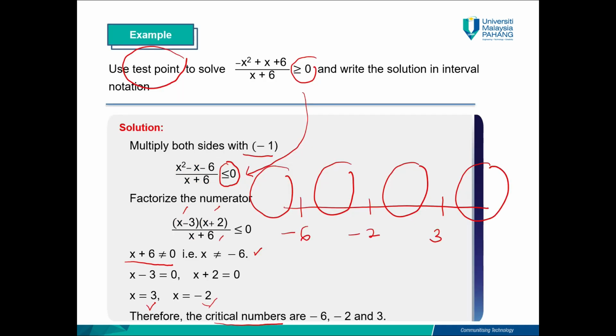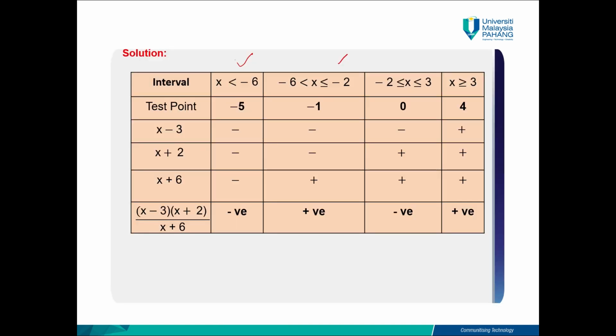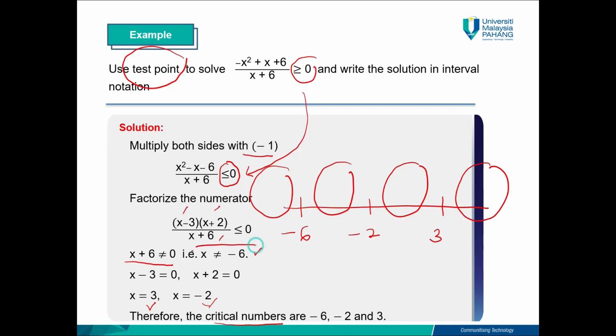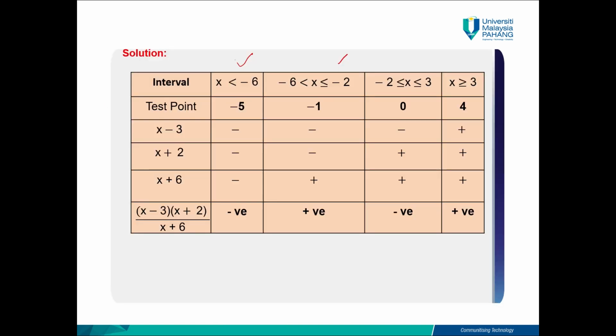Alright, so remember the sign of the inequalities, we have the equal sign. For this one, we cannot write x less than or equal because x cannot be -6. So we need to omit the equal sign for the first interval. So we have x less than -6.